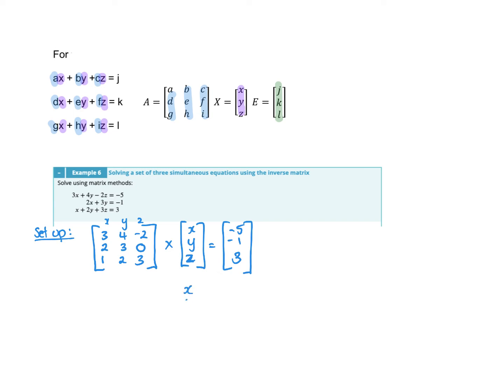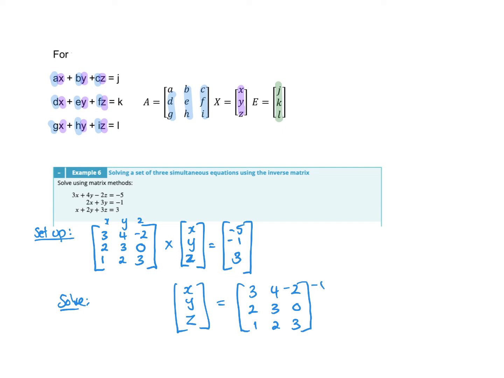So to solve it, I'm going to put that first matrix into the calculator. Now, we don't know how to manually find the inverse of anything bigger than a 2 by 2, so obviously this one would definitely be going into the calculator.